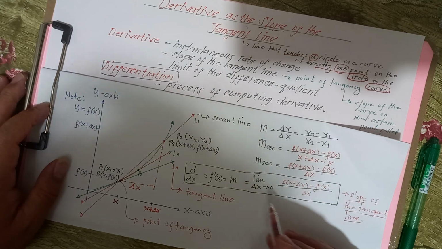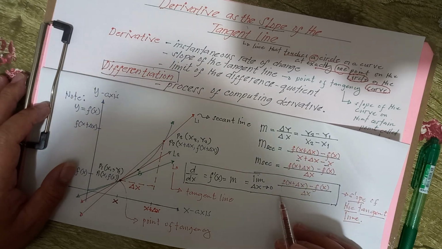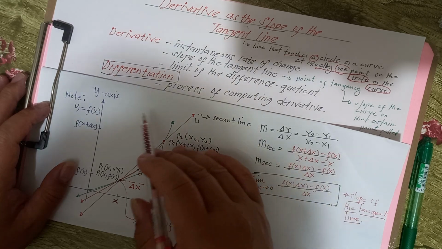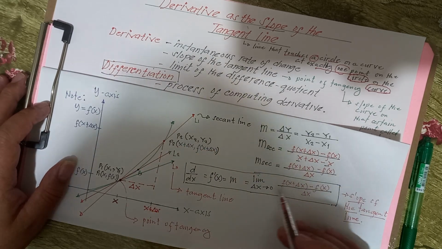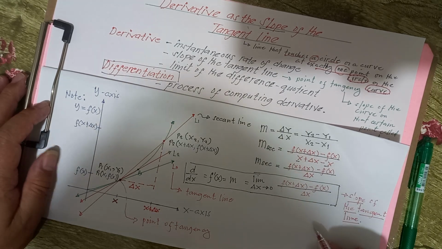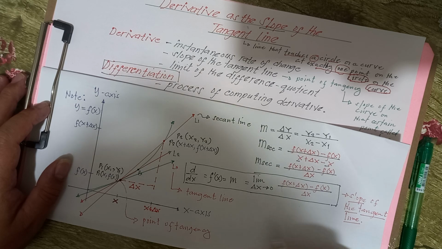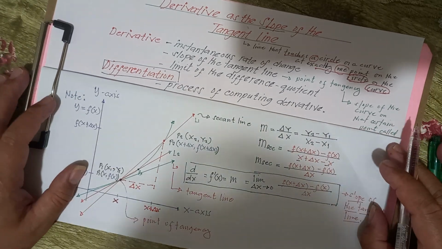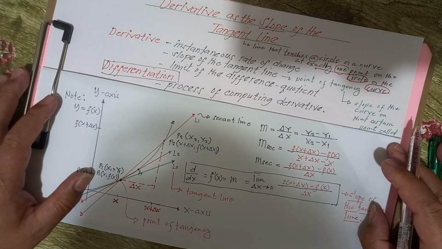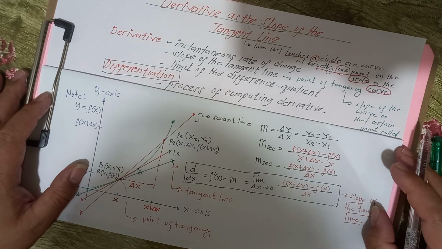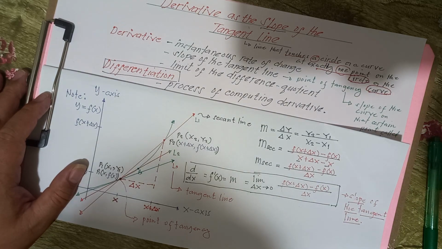The process of taking the slope of the tangent line is called differentiation. Why? It is a process. So the method that we use in here is differentiation to solve for the slope of the tangent line. Okay, so let's try to see some examples.